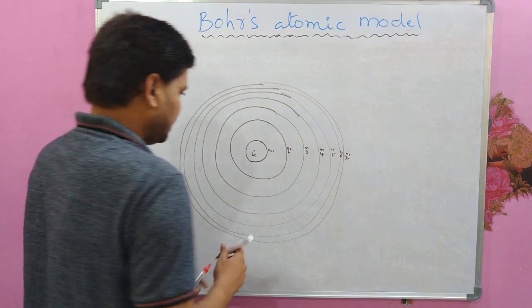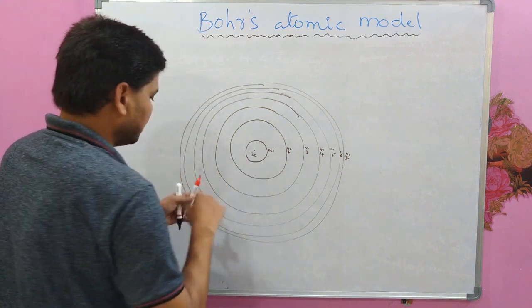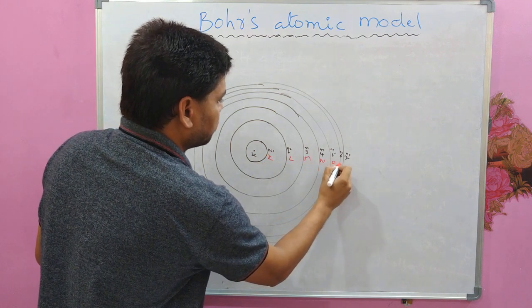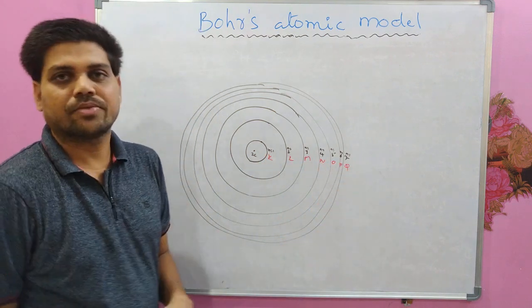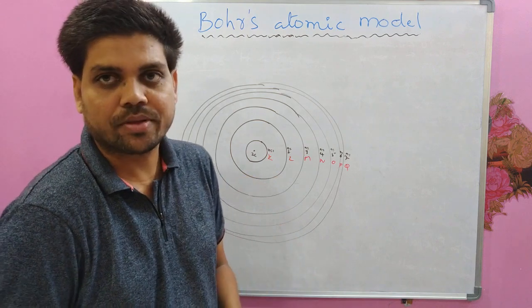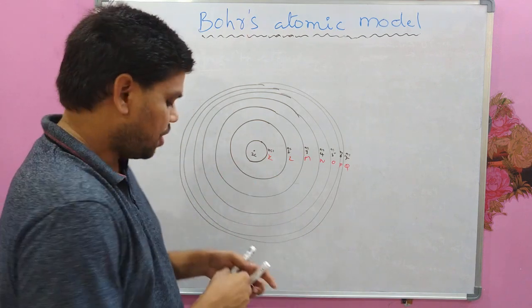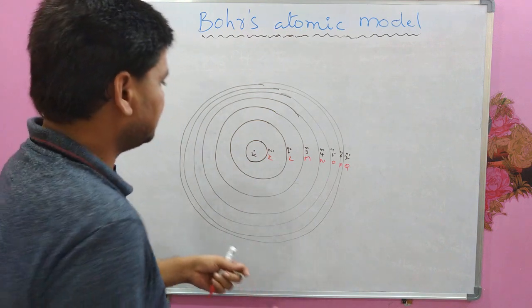So what is the Lyman series now? You can also label the orbits like K, L, M, N, O, P, Q, according to Bohr, with respect to the principal quantum number. Then how do we get these spectral series?